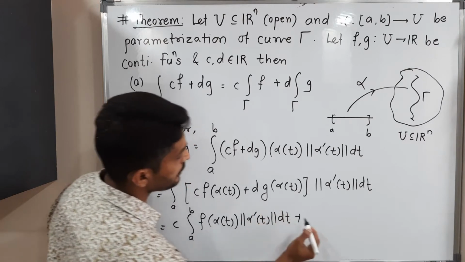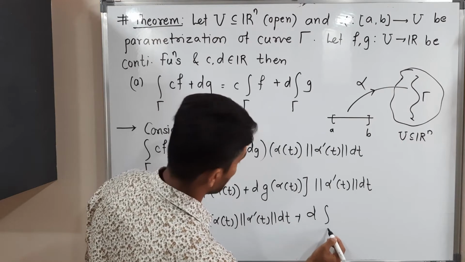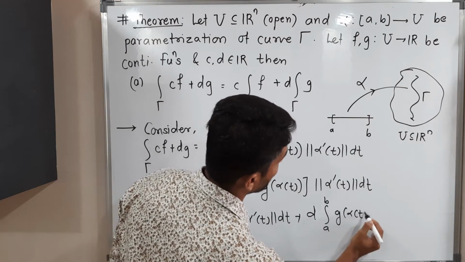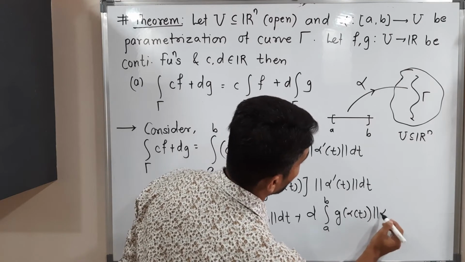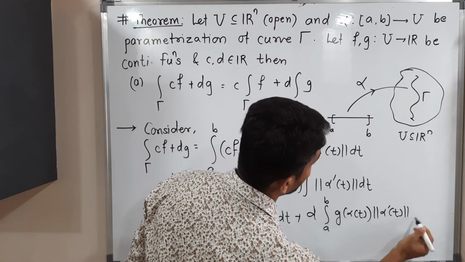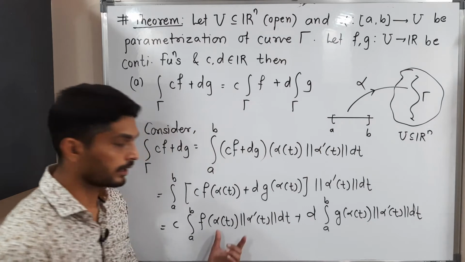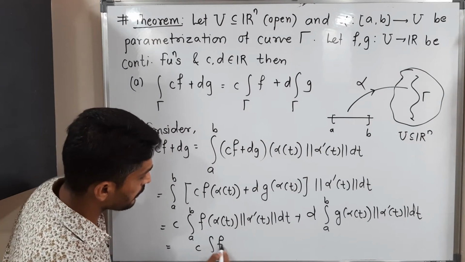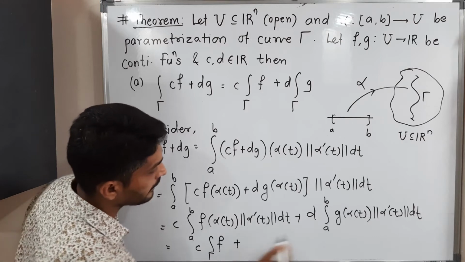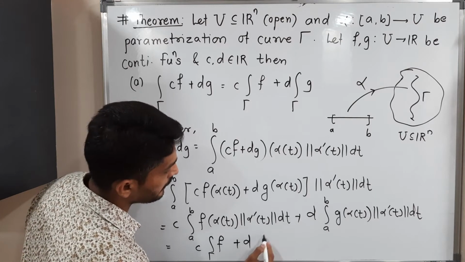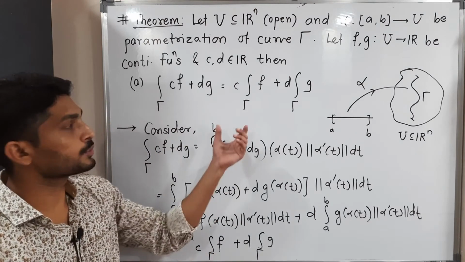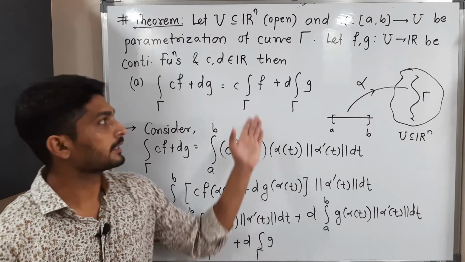Here d is a constant, it will come outside: integration a to b g of alpha of t norm alpha dash of t dt. This is nothing but c integration of f over gamma, and d integration of g over gamma. So we proved it in this way, we got the final answer.